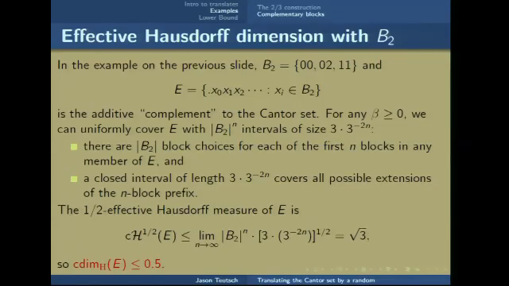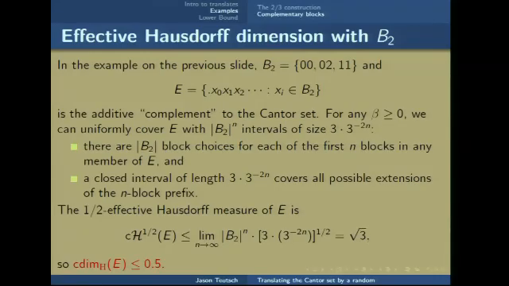So if you look at the Hausdorff measure of E, a calculation shows that it's less than or equal to 1/3. So we got a little closer to the optimal lower bound.